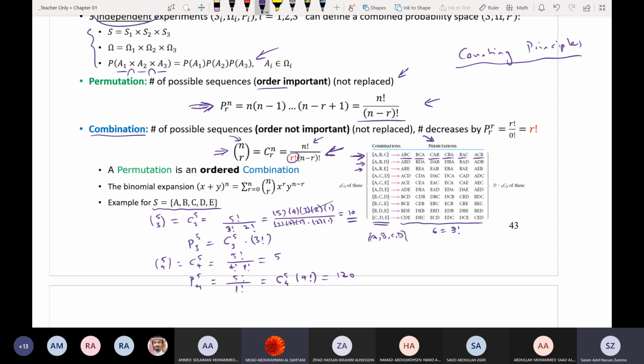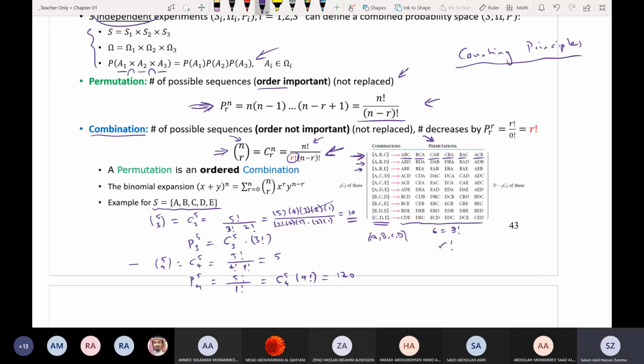The r factorial is, for every combination, how many times I can permute it, how many times I can change the order of one combination. I don't want you just to remember the formulas. You need to understand where we got them from. The number of permutations equals the number of combinations multiplied by how many times every sequence can be reordered.